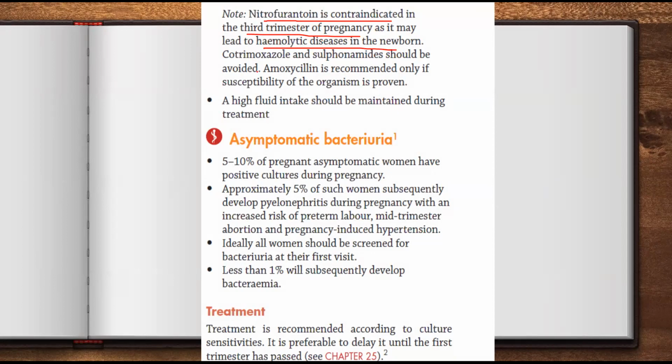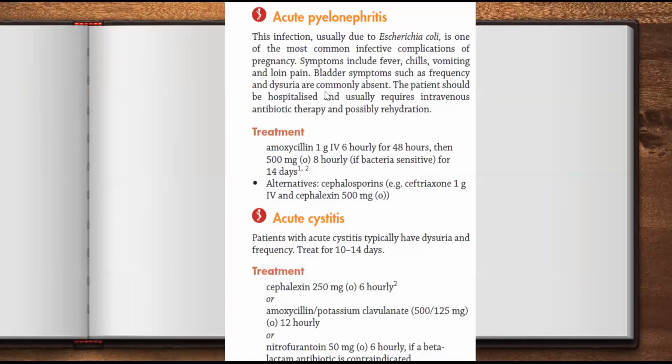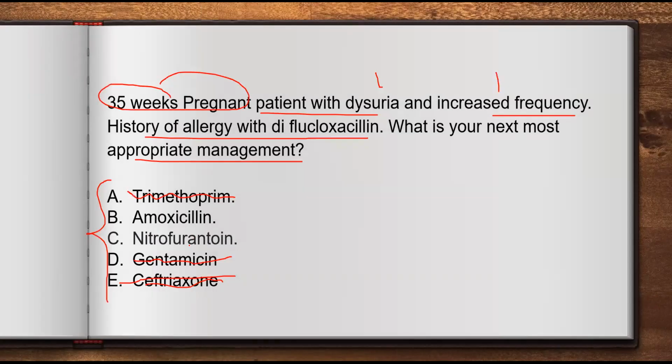No. Amoxicillin sometimes we can give if we get susceptibility of the organism. But in the options, you don't have any better option than amoxicillin. So you choose this one. I know this is what happens in the exam also, because the most appropriate one would be cefalexin, but that's not in the options.